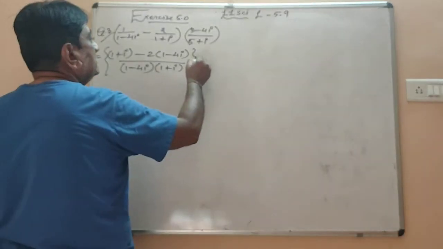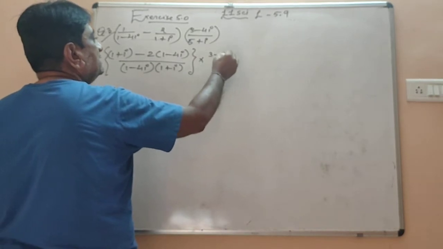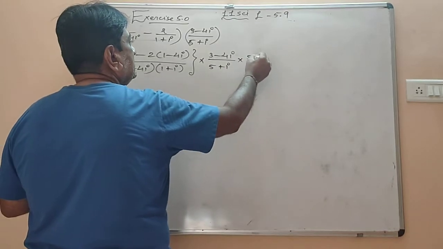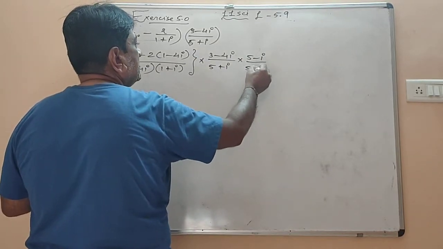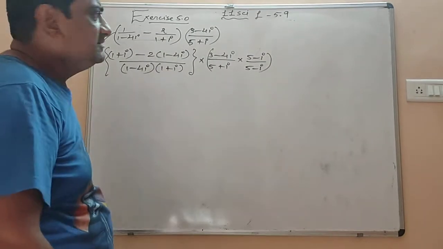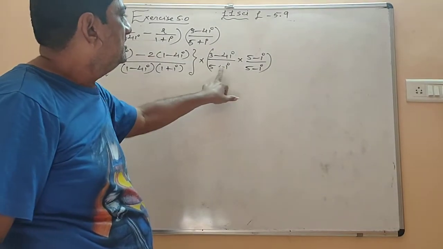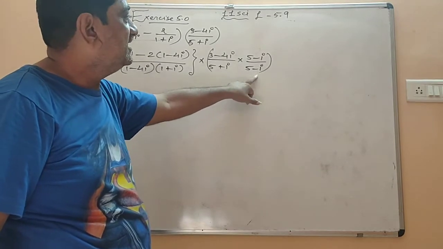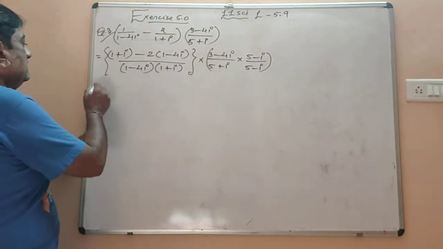So into 3 minus 4i upon 5 plus i into 5 minus i and 5 minus i. इसके साथ इसका भी मल्टीप्लिकेशन, इसका भी कॉन्जुगेट नंबर ले लो. 5 plus i and conjugate number of 5 plus i is 5 minus i.